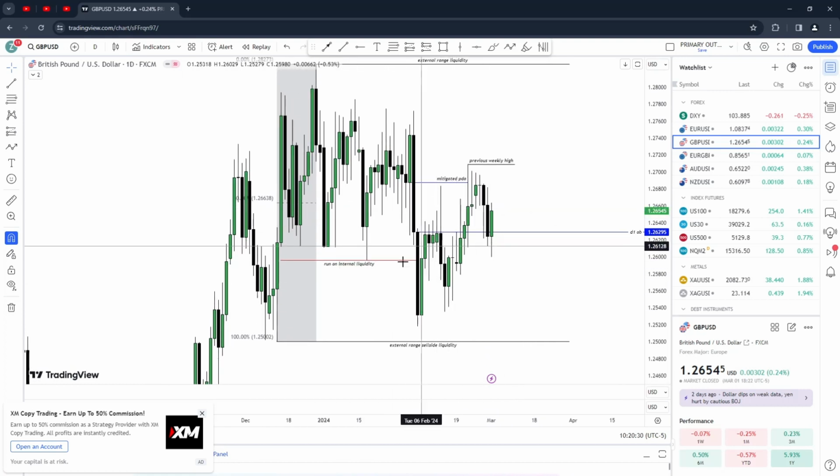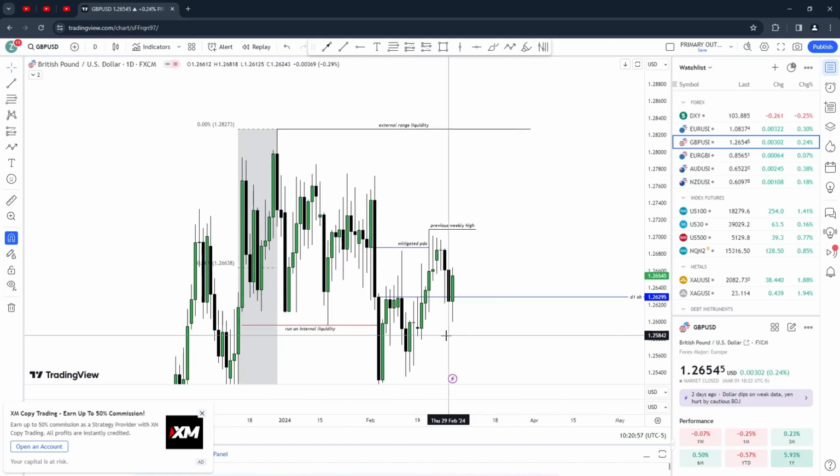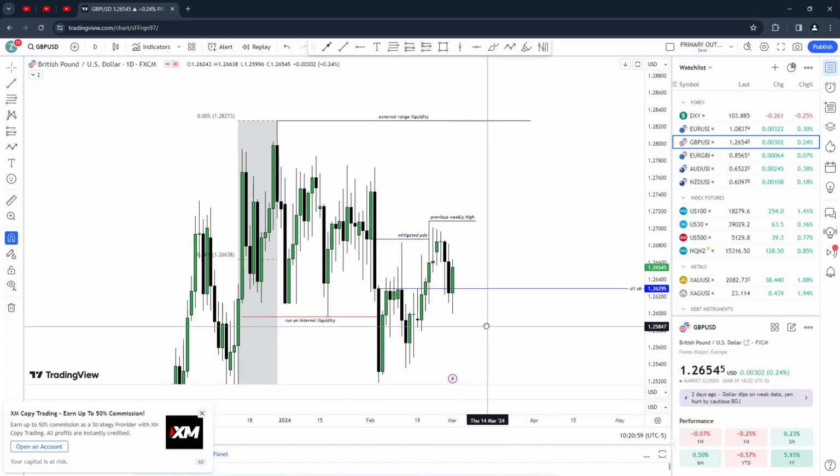So the price action currently on this chart, we're looking at it as bullish. We've got an internal run on liquidity, which is more than enough for me, as well as an order block which formed, as well as the 50% level being respected. Not just that, but even the open being respected on the order block. Now, this is a daily chart, so going forth for this week, I would be expecting this market to be bullish, at least up until we run some sort of internal or external liquidity.